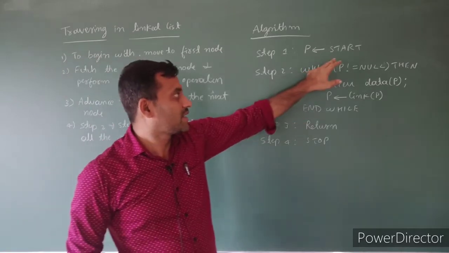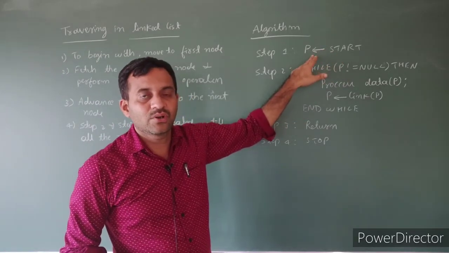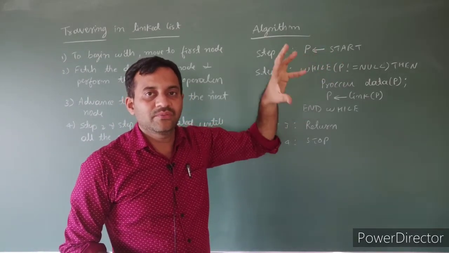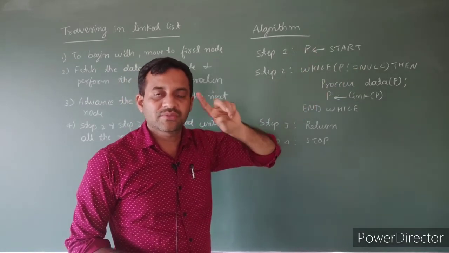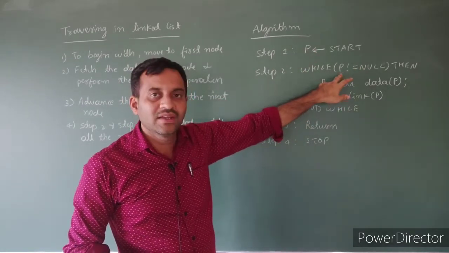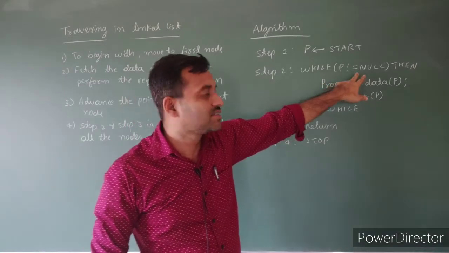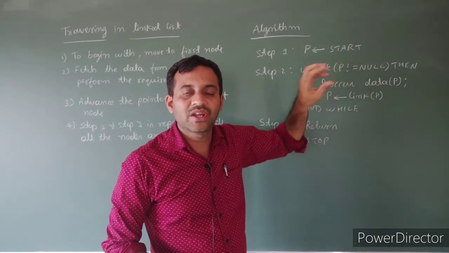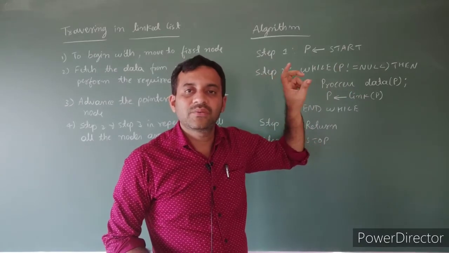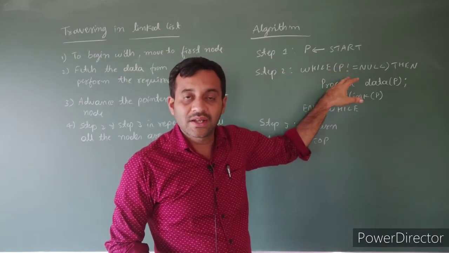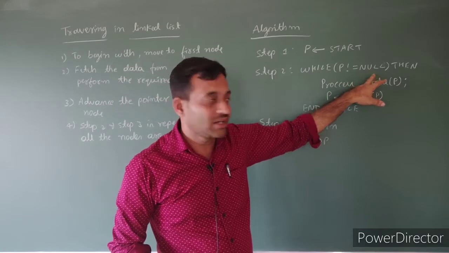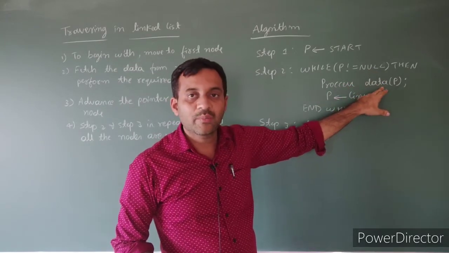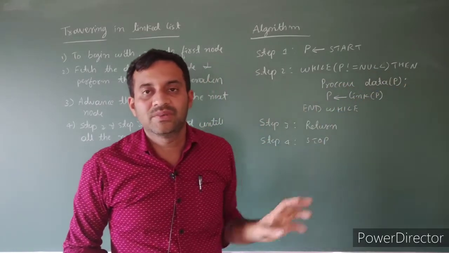First, set the address to the temporary node P, so P becomes the first node because start stores the address of the first node. Then verify that P is not equal to null. P represents the first node. Process the data part of P.